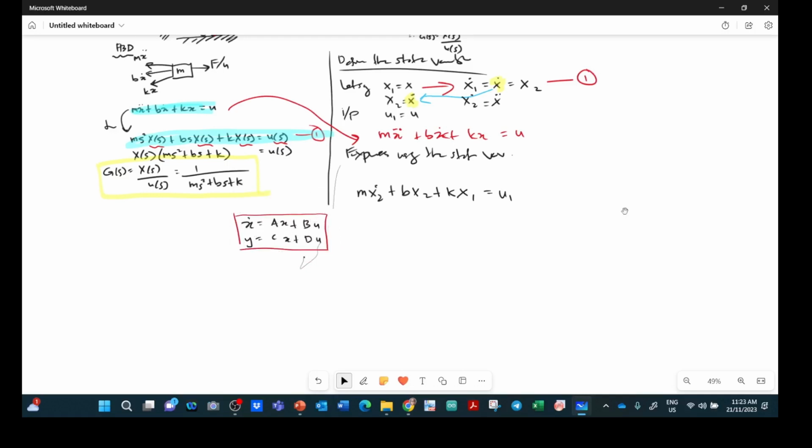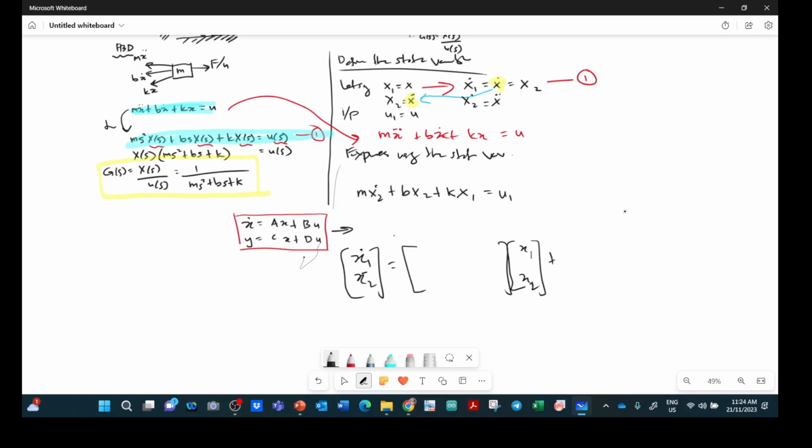Okay, based on the state equation, we can write here x1 dot, x2 dot. Write out first the variables x1 and x2 plus. So x1 dot we have equal to x2, so you have 0 and 1. Do you have any input? No. So you have 0 for u.